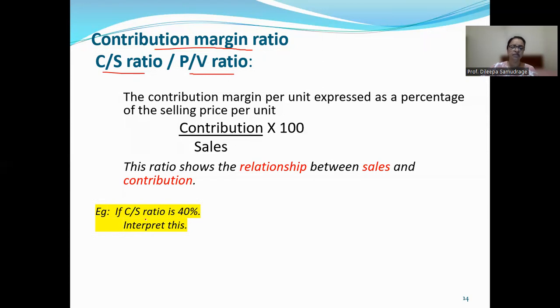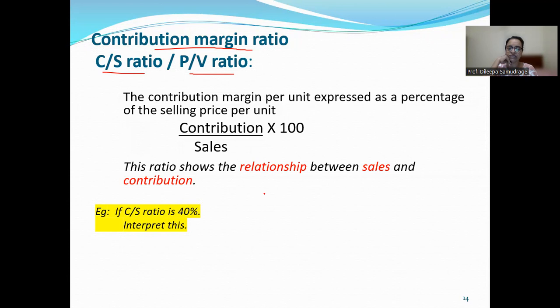If the contribution to sales ratio is 40%, can you interpret this? Tell me what is 40, what is 100. If the CS ratio is 40%, please talk. Please interpret. Ma'am, sales 100, contribution is 40.